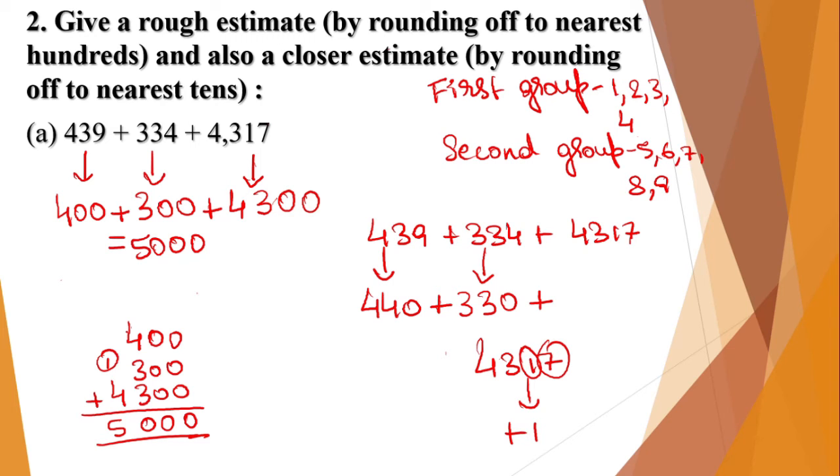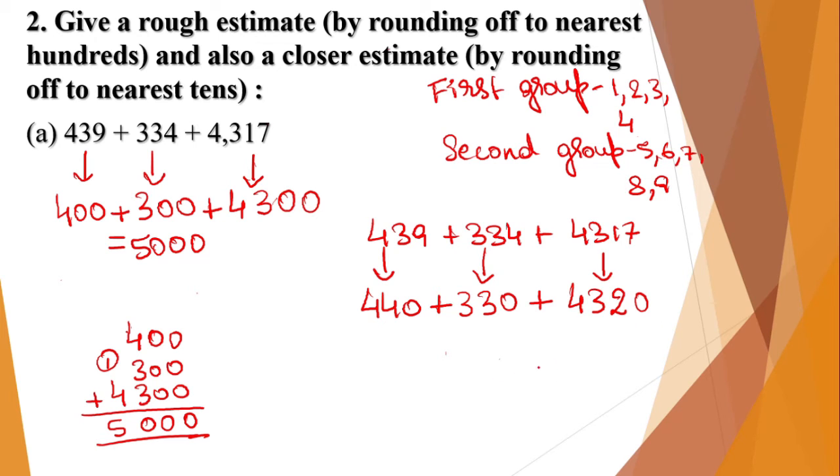So 1 plus 1 is 2. Now 4 and 3 will be as it is because they're on the left side. And 1 will become 2 because we added 1. But 7 will become 0. So we will get our answer as 4320. So 4317 rounded off to the nearest tens will give us 4320.